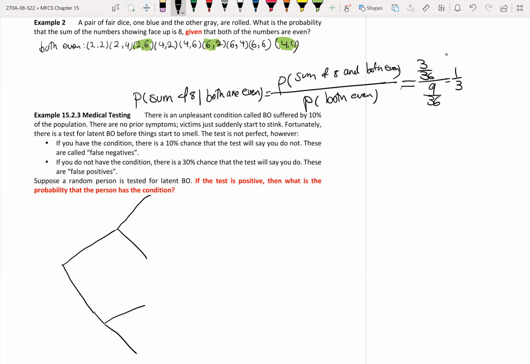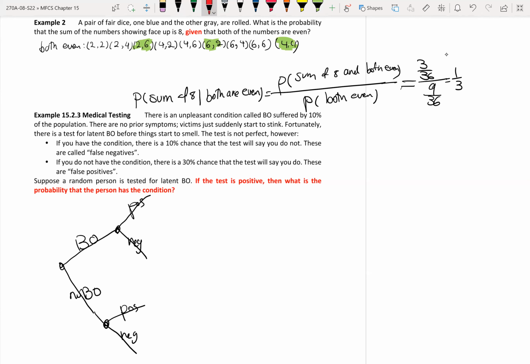Can you complete your tree, because we made it a few times in previous class? Okay.